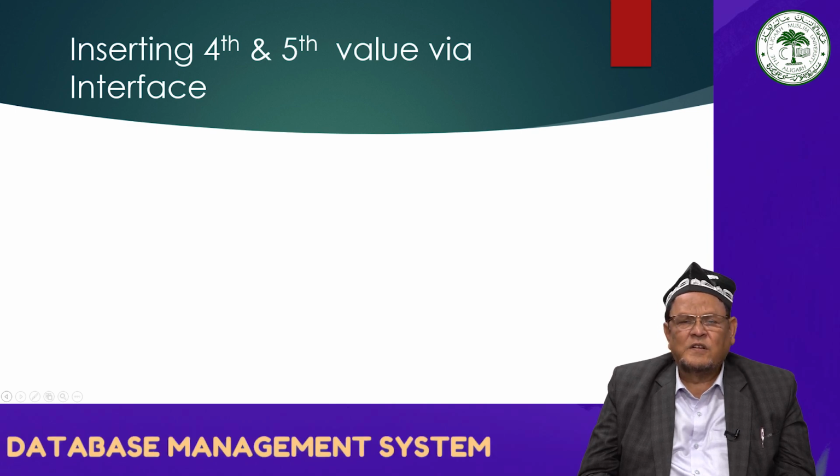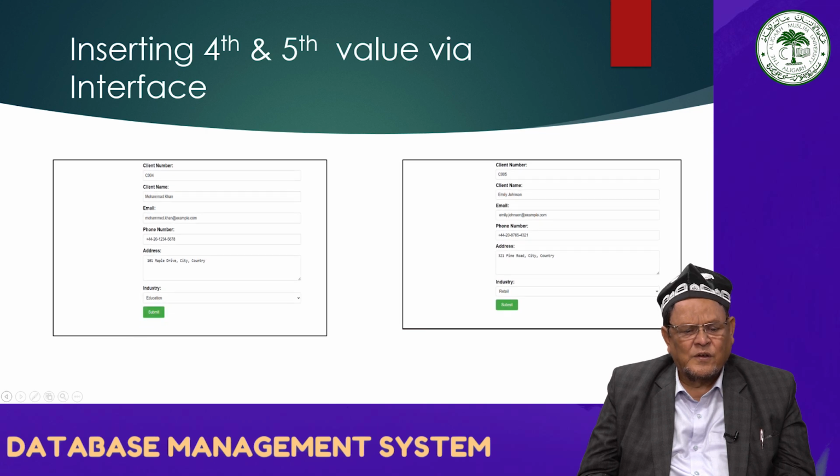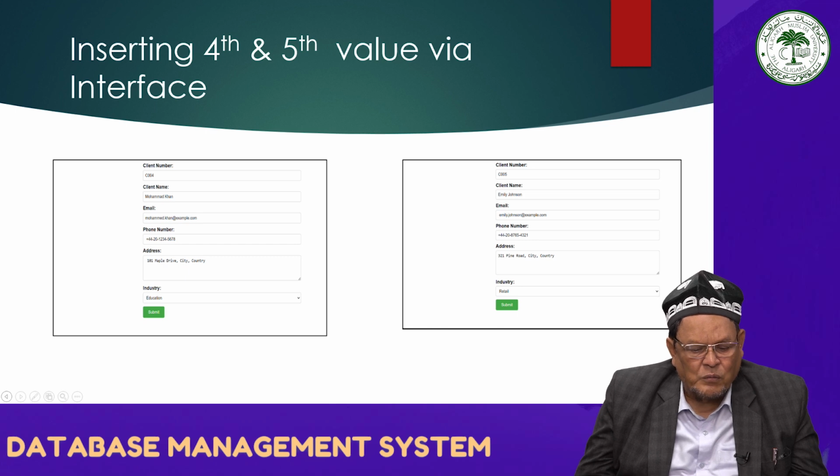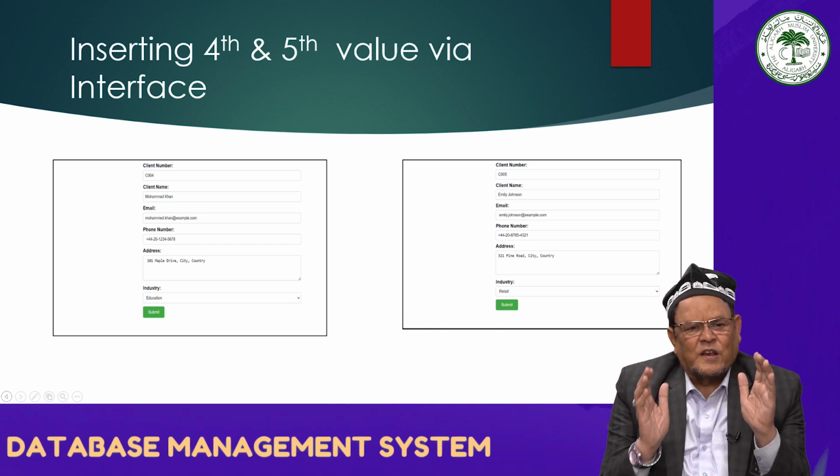The next, you can see the inserting fourth and fifth value via interface. So here on the screen, you can see client number, client name, email, phone number, and address, and on the same screen 2 forms will be displayed.